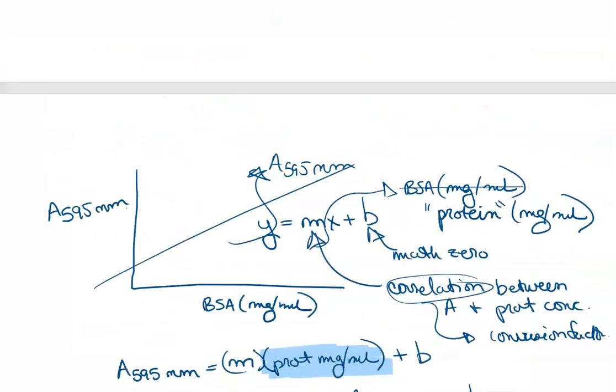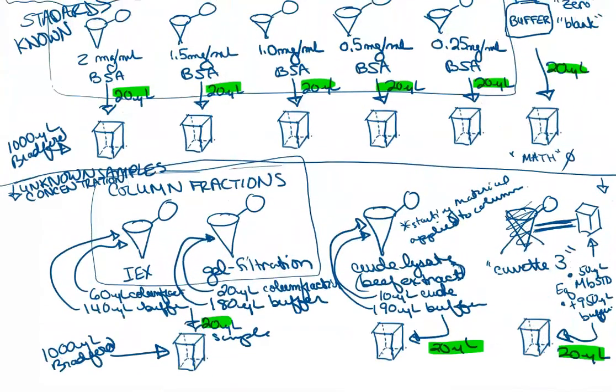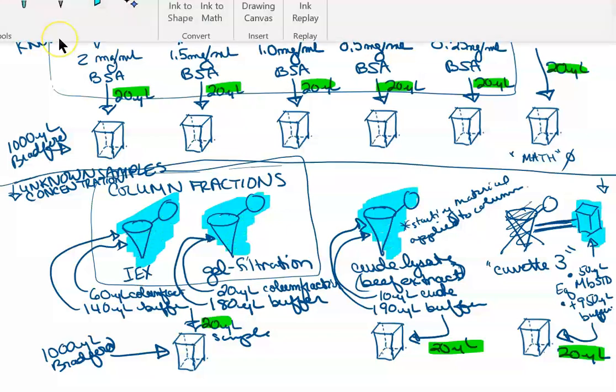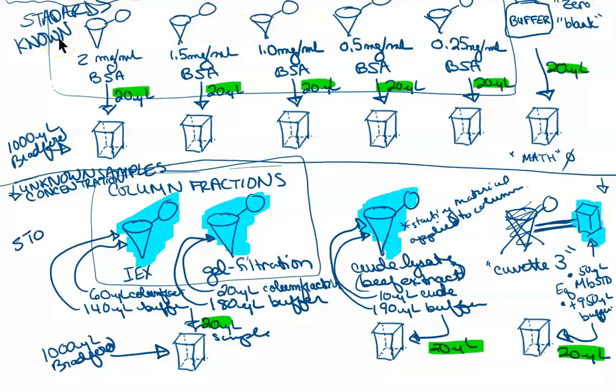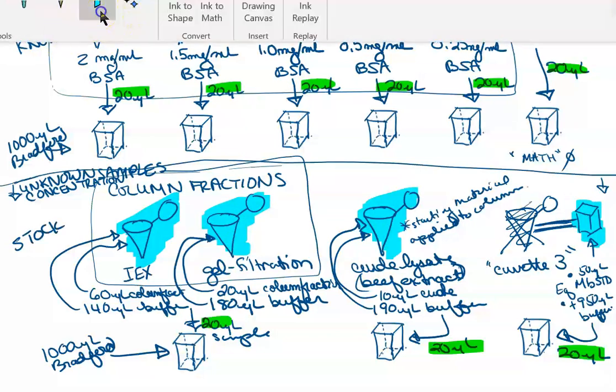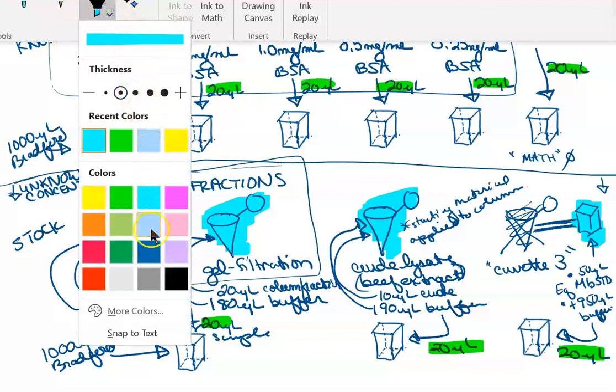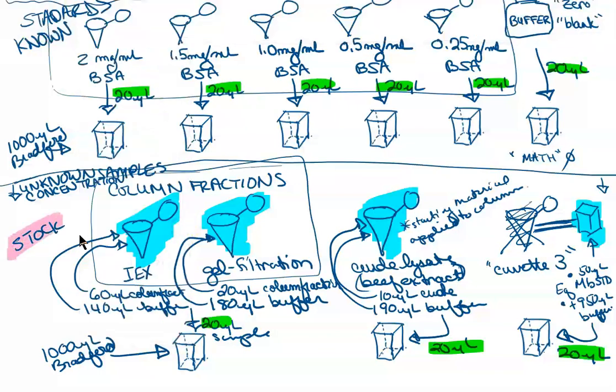And if we go back and look at our experimental setup, these are all dilutions of our stock. And where are our stock concentrations? Let me highlight them in a color for you. These are the stock concentrations, right?